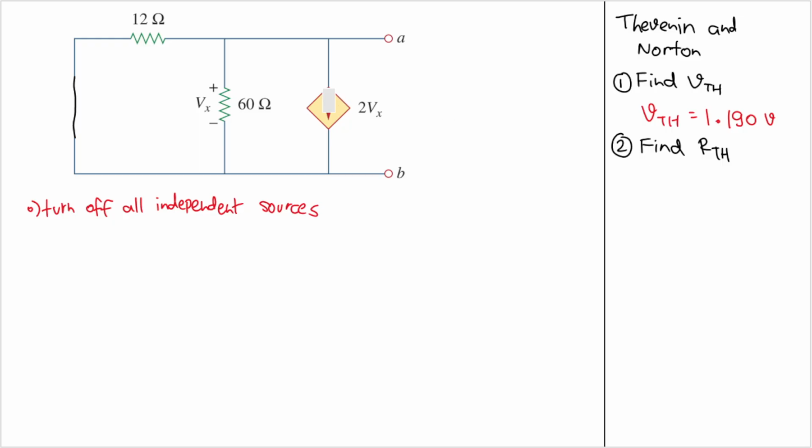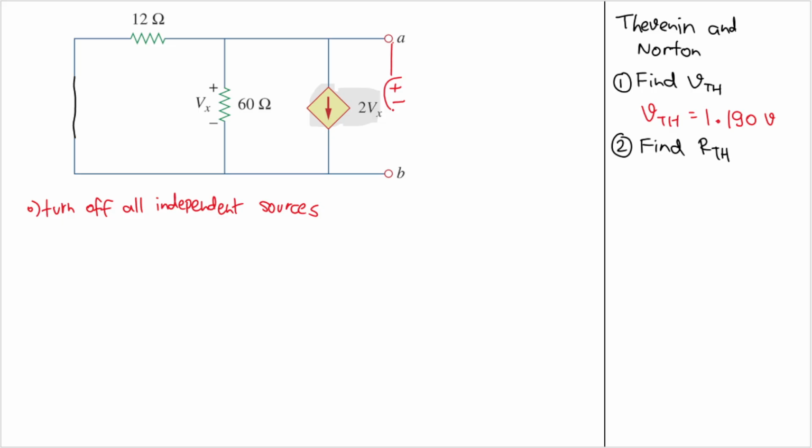However, we have a dependent source here, so this is a problem, because if we turn this off, there is no voltage and Vx will equal 0, and this also 0, so we lose this part of the circuit. In order to get this done, we need to put a dummy source here, a 1-volt voltage source.